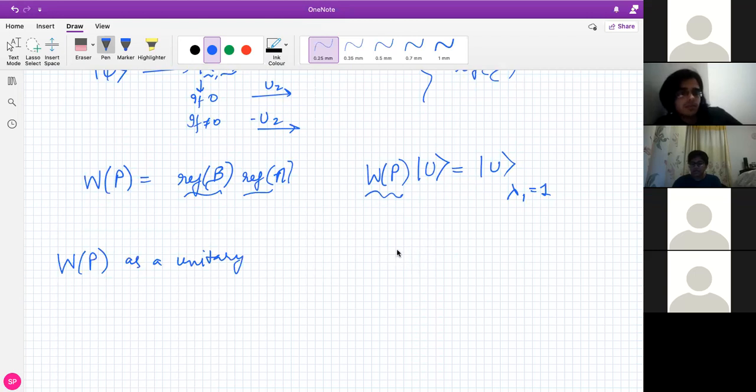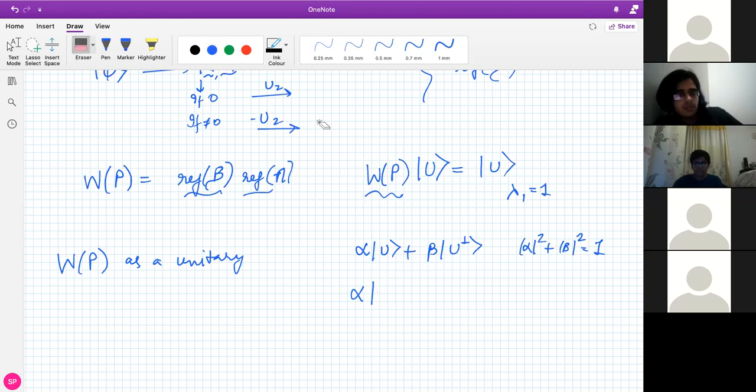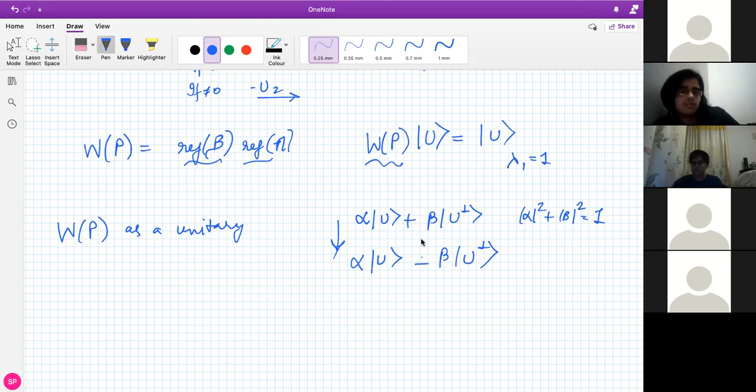So we wanted to implement a rotation about U, which means for any state, which is alpha U plus beta U perp, where alpha squared plus beta squared equals 1, we want this state to become this, right? That is what we want to do about this unitary about U.